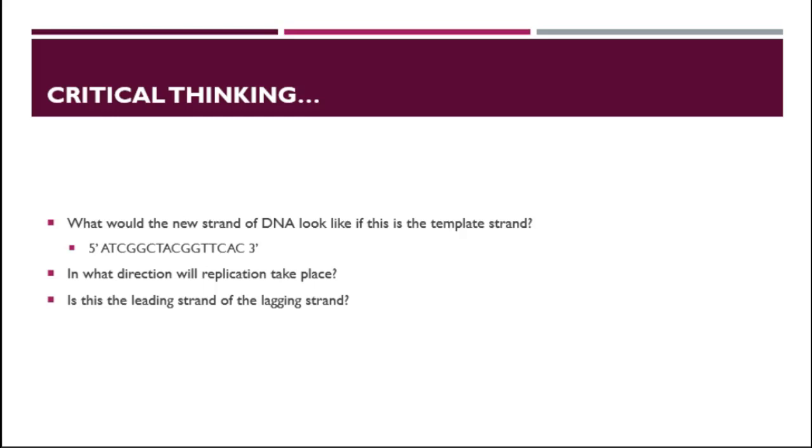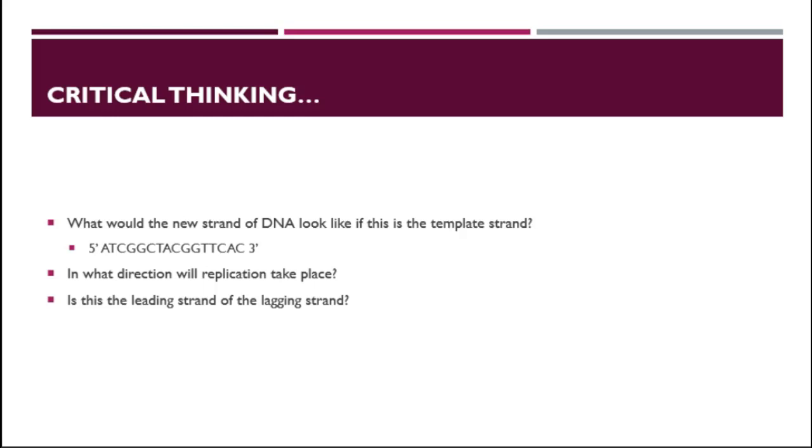So here's a critical thinking question. Here's an example of a question that you might see on the exam. What would the new strand of DNA look like if this is the template strand? So if you were presented with this template strand, what would the complementary strand of DNA look like? In what direction would replication take place?